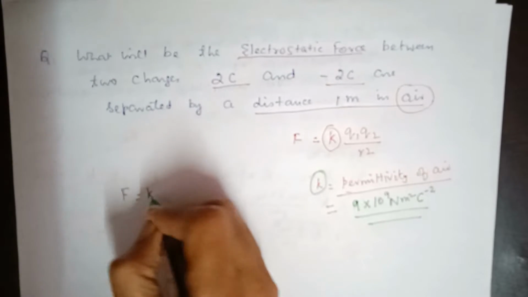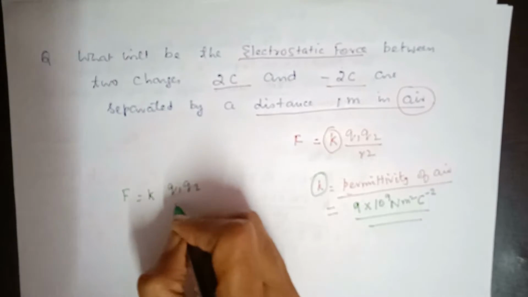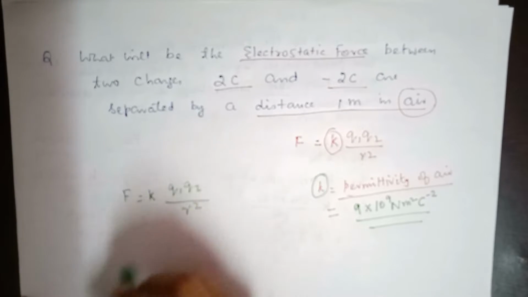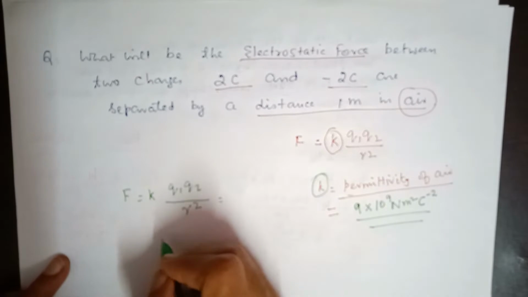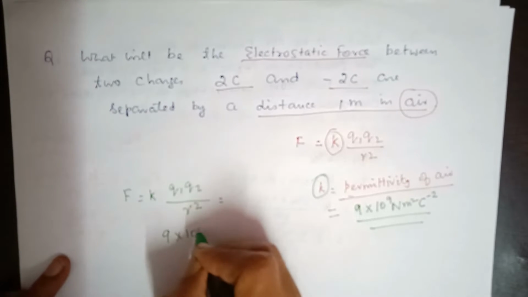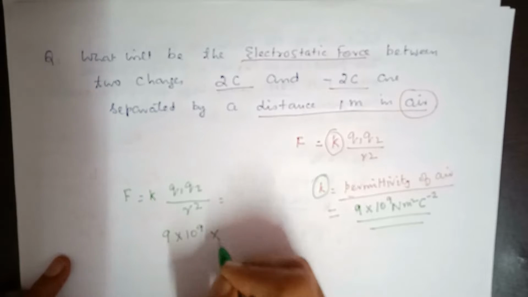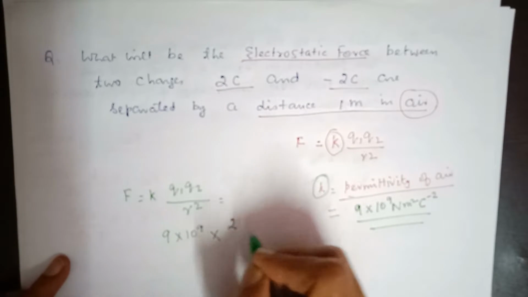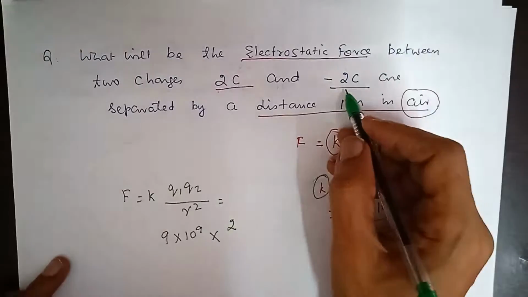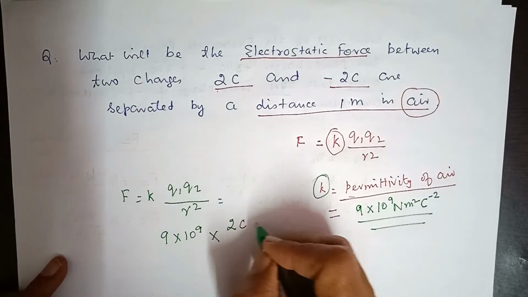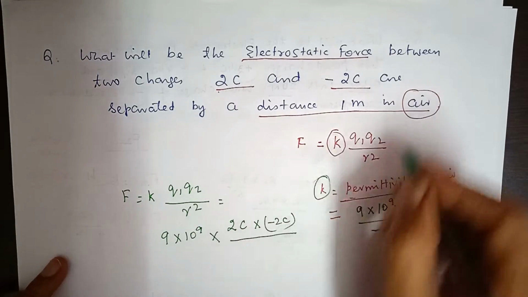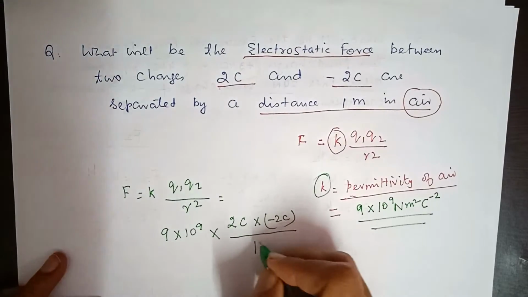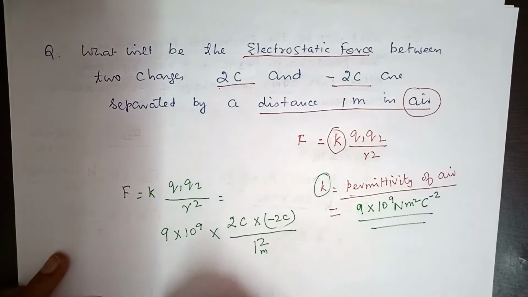Now we solve this question. F is equal to K Q1 Q2 divided by R square, and here K is equal to 9 into 10 raised to the power 9, Q1 is 2 Coulomb, Q2 is minus 2 Coulomb, divided by R square, 1 meter square.